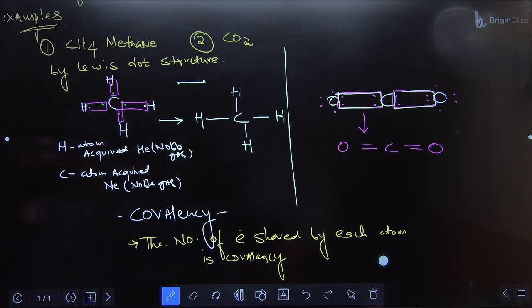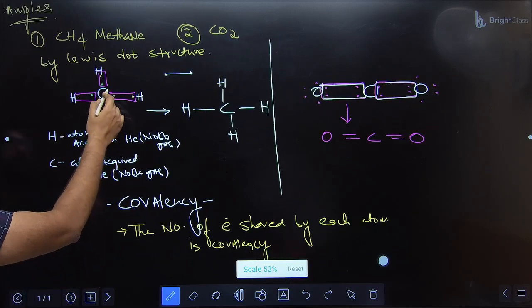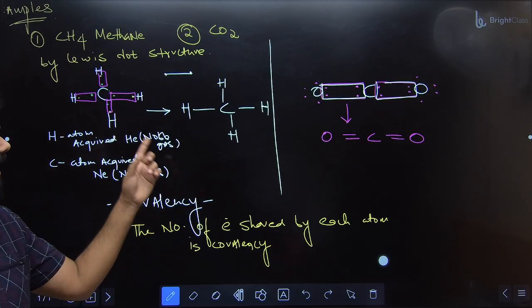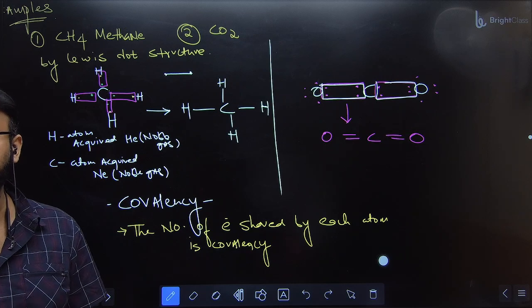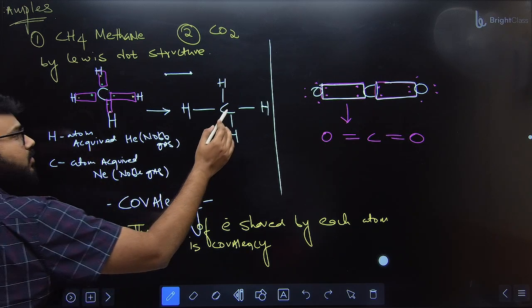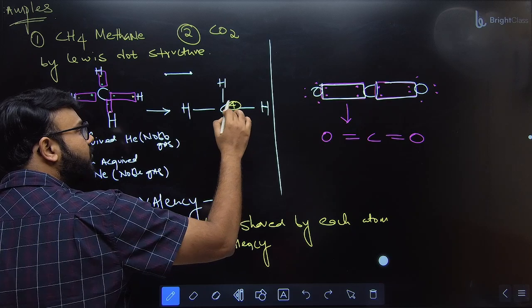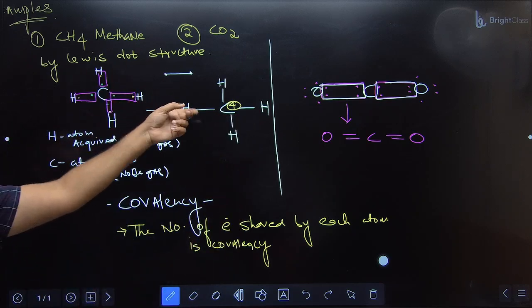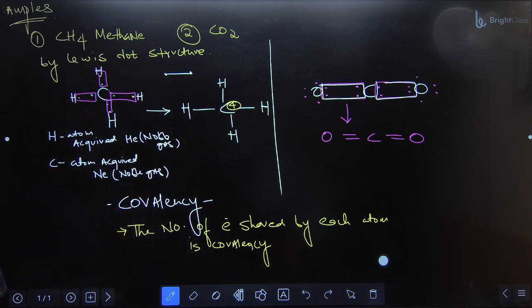So Saket, you tell me, in methane, what is the covalency of carbon? How many electrons is it sharing? 4. Yes, very good. So the covalency of carbon is 4. Now what is the covalency of each hydrogen? 1. Yes, very good.